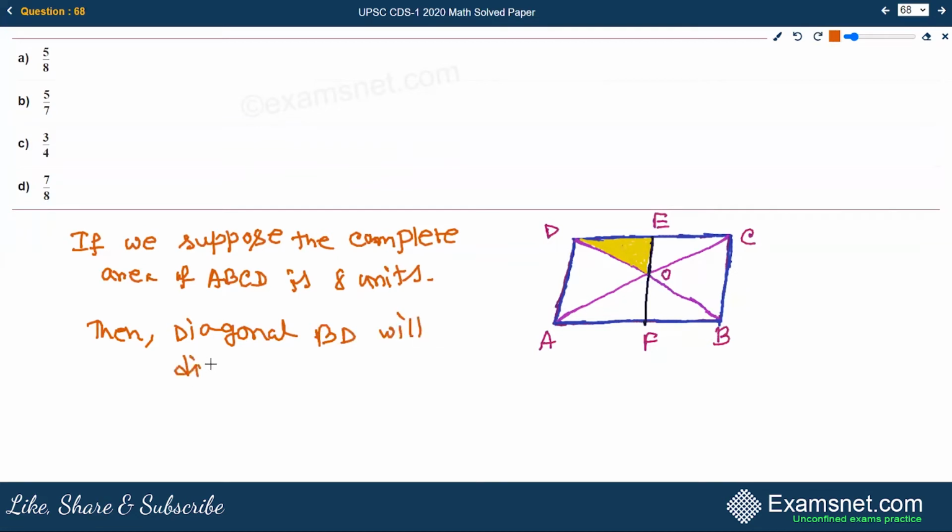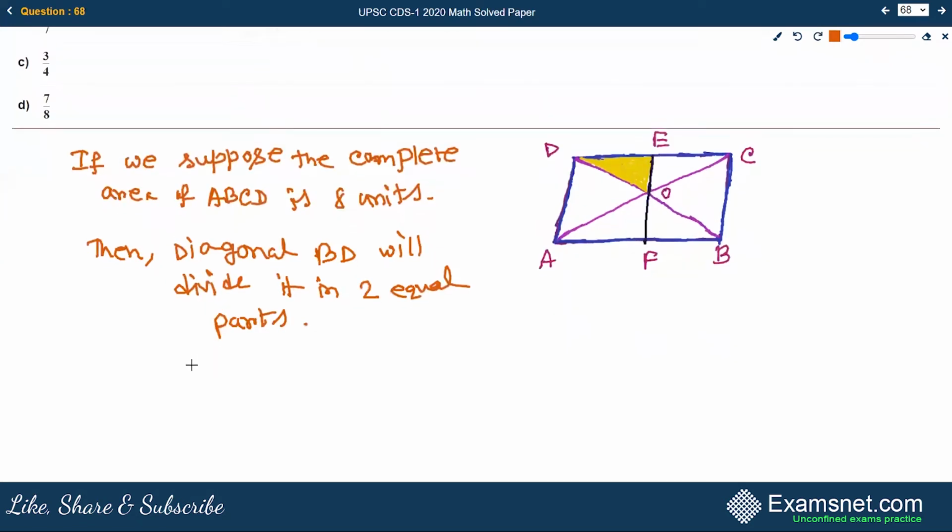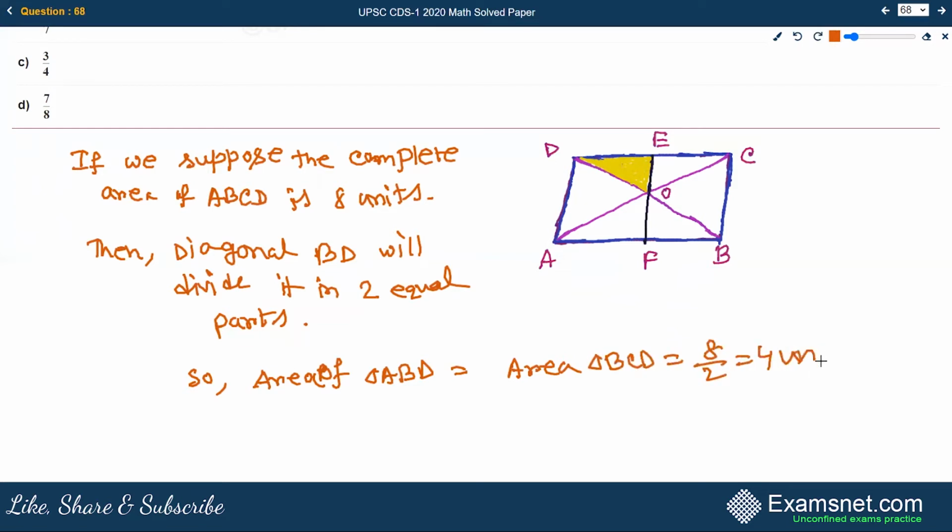So area of ABD equals area of BCD, that is 8 by 2, 4 units.